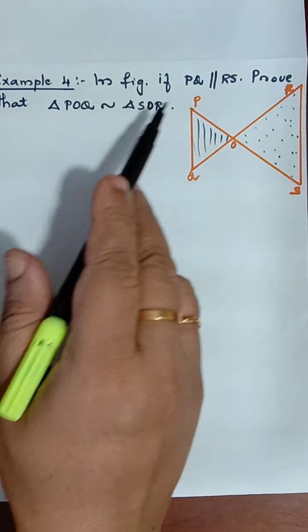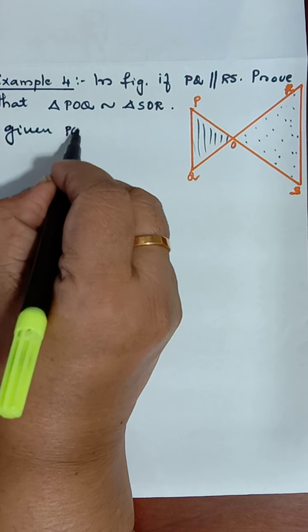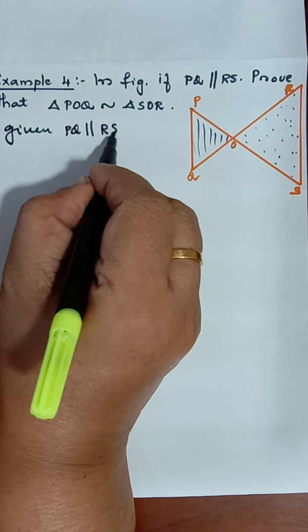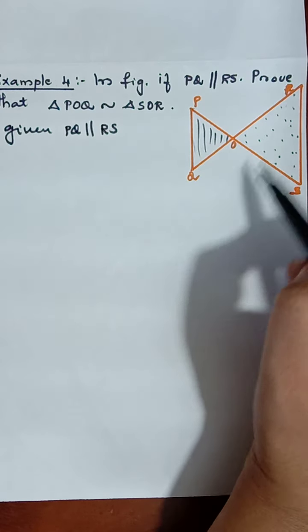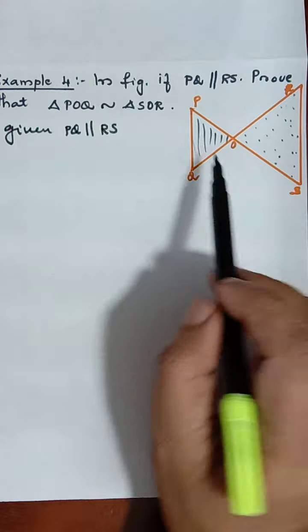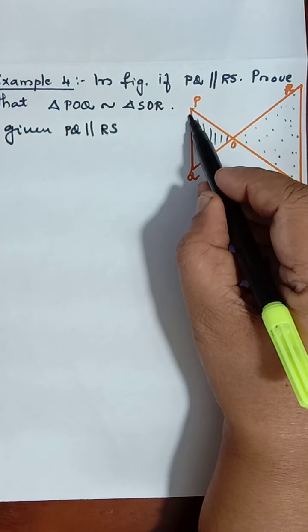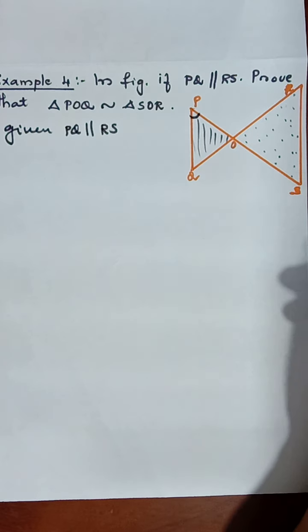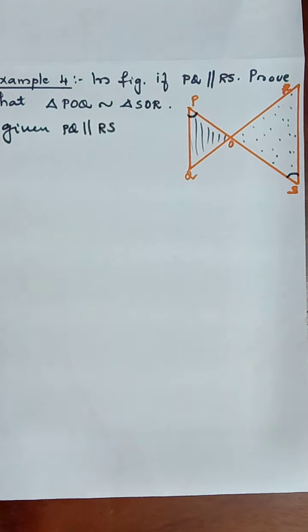What is given to us, children? We are given with PQ parallel to RS. What is the use of parallel lines? If two lines are parallel and are intersected by a transversal, then corresponding angles are equal. Here these two angles are alternate interior angles. Three things you have learned.